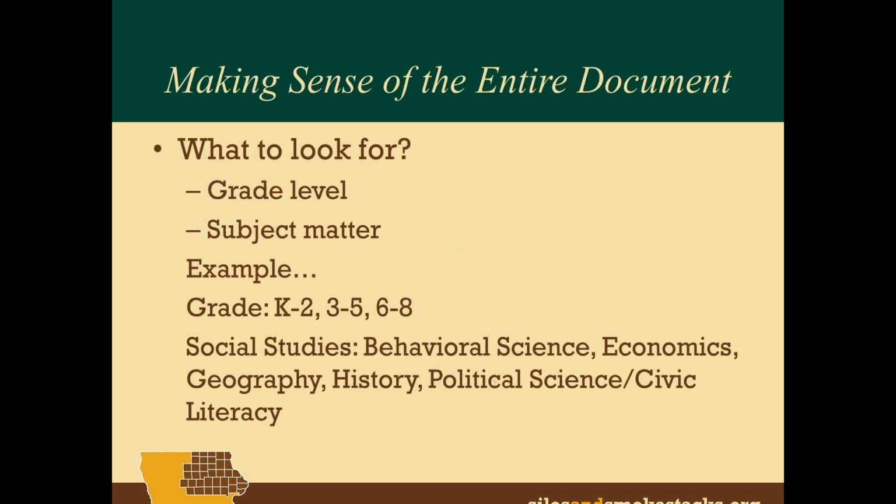Okay, so hopefully you have a printout that I created in front of you. At the top, I did a general outline with either science or social studies, and then the grade level is over to the right. The Common Core is divided into grade groups: K through 2, 3 through 5, 6 through 8, and also 9 through 12.